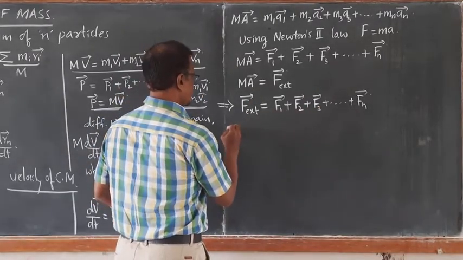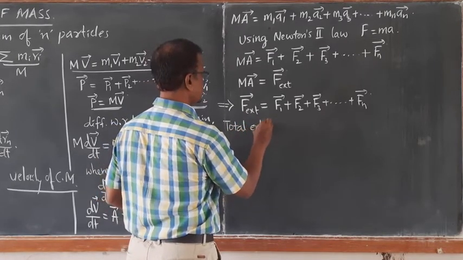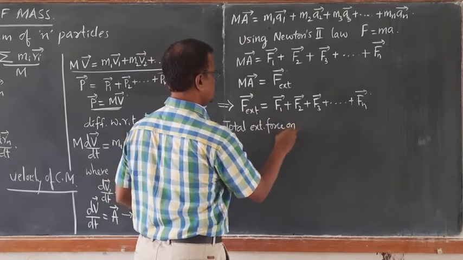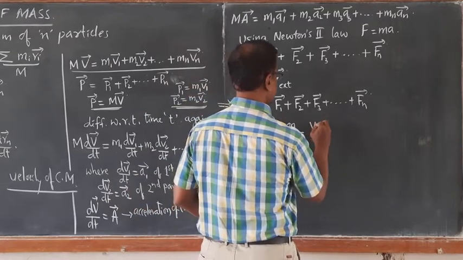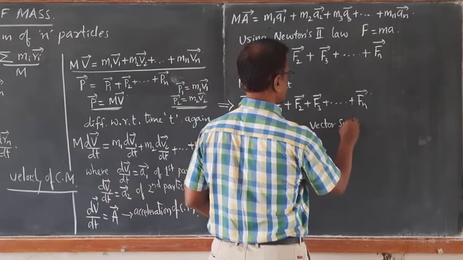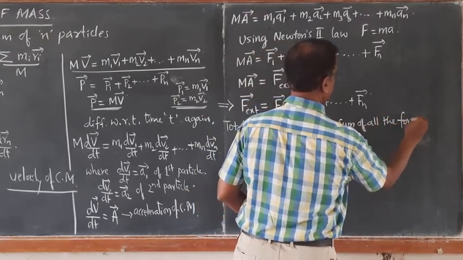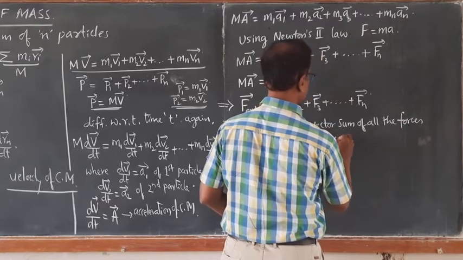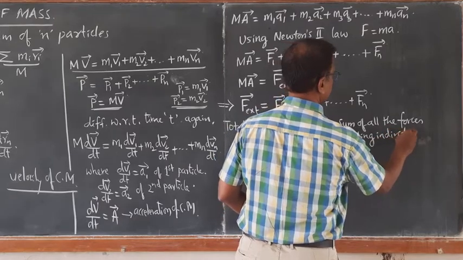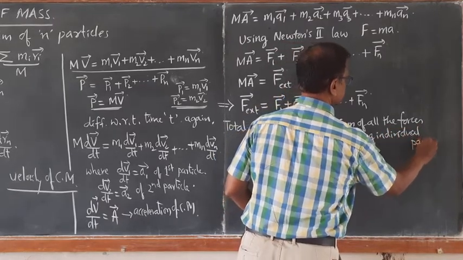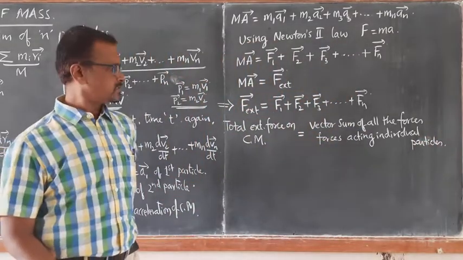So I will write here: total external force on center of mass is equal to vector sum of all the forces acting on individual particles, where we have considered a system of n particles.